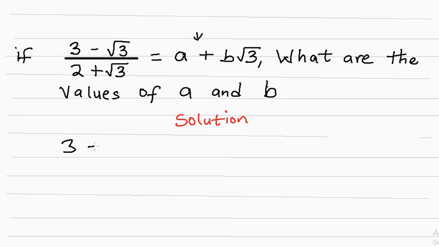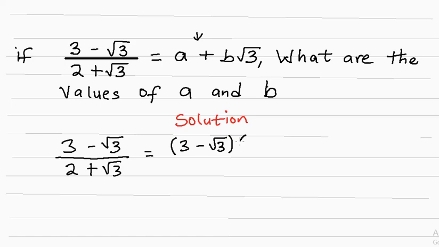This is 3 minus root 3 all over 2 plus root 3. So you know what we do? I'm going to multiply the numerator, which is 3 minus root 3, by the conjugate of the denominator. The conjugate of the denominator is 2 minus root 3.